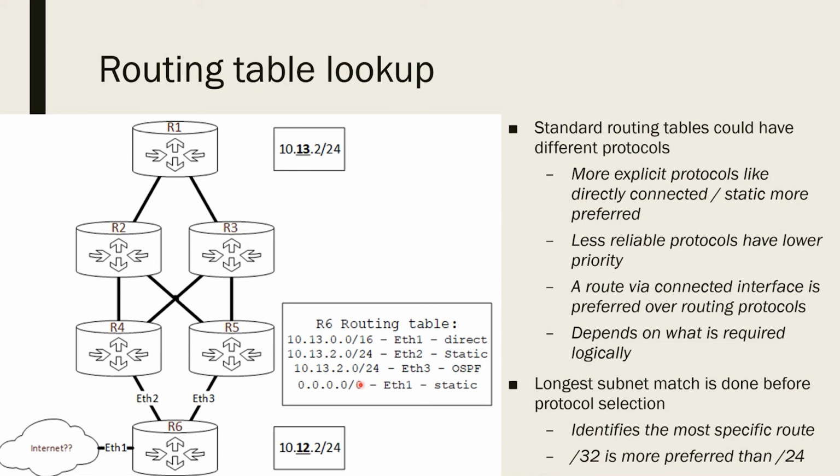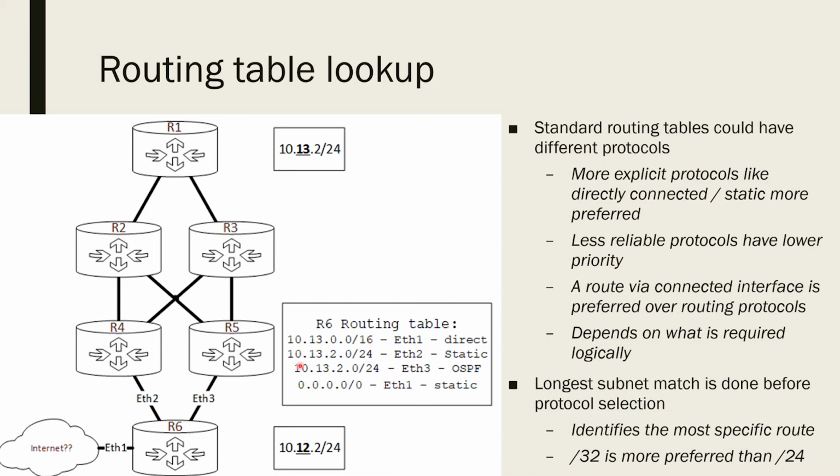So sure, it matches, but it's not specific whatsoever. We have a /16, cool. That's more specific, but it's still 65,000 potential end hosts that we're representing with that entry. So it's not too specific, but it's better than just 4 billion.